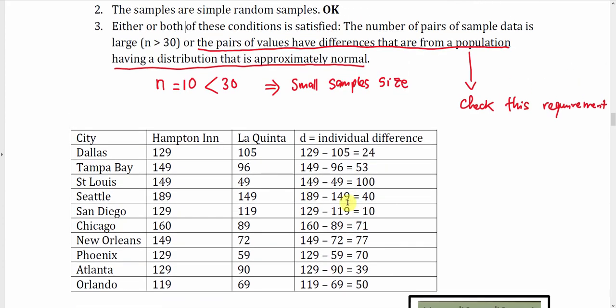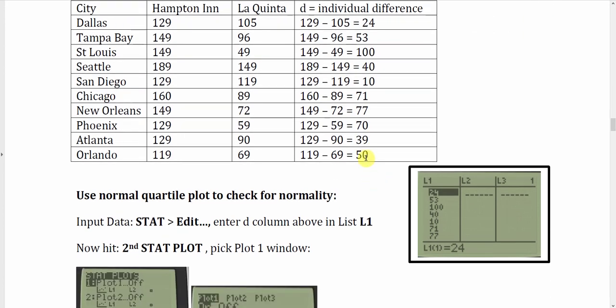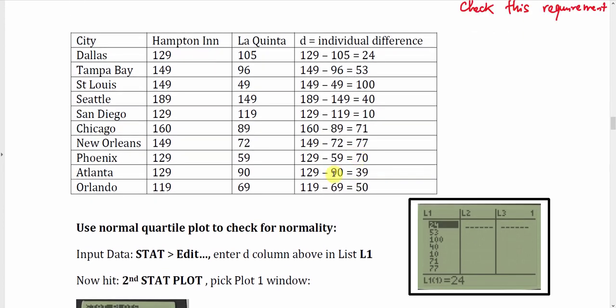Now you have to check and make sure that this D data is coming from a population having a distribution that is approximately normal. Well, you can do this. The first thing is you can use the normal quantile plot to check for normality. First we have to input the column D into the list L1.